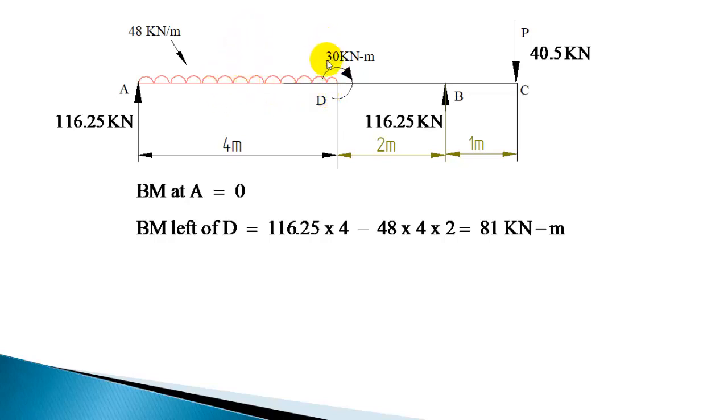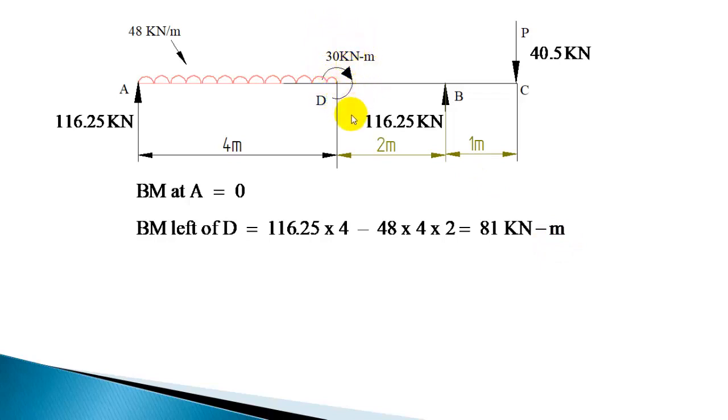We are just an infinitesimally small distance left of D, so the total UDL is there, 48 into 4, and it is 2 meters away. So 48 into 4 into 2, producing an anticlockwise moment. So the resultant is 81 kilonewton meter. That is immediately left of D.